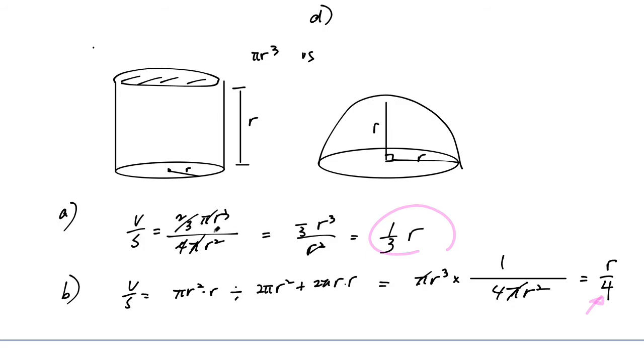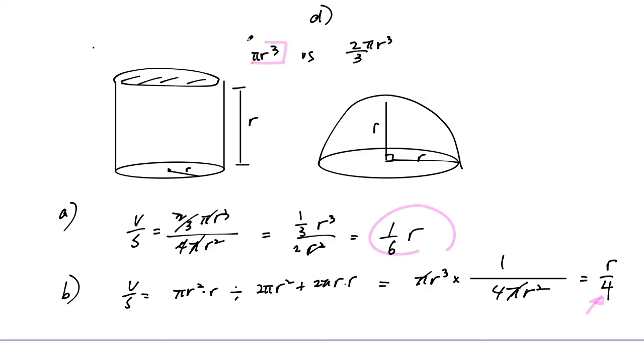My bad. So with 2 over 3, when I reduce this, I still have a 2 left at the bottom, so it's actually 1 over 6. Good thing I caught that. But the volume for this is 2 pi r cubed over 3, okay? The full sphere is 4 over 3, so half of it must be just 2 over 3.